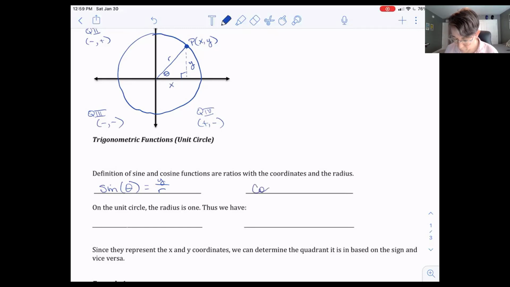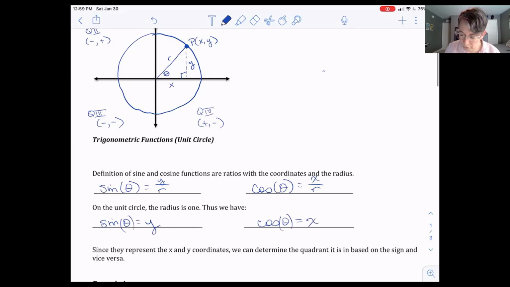Cosine is the x value divided by the radius. So if you think about the unit circle, when the radius is 1, you would have sine theta equals y and cosine of theta equaling x.